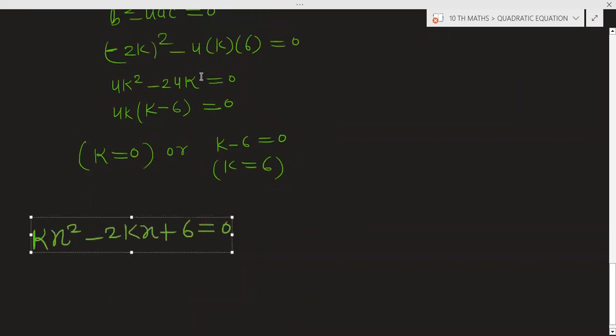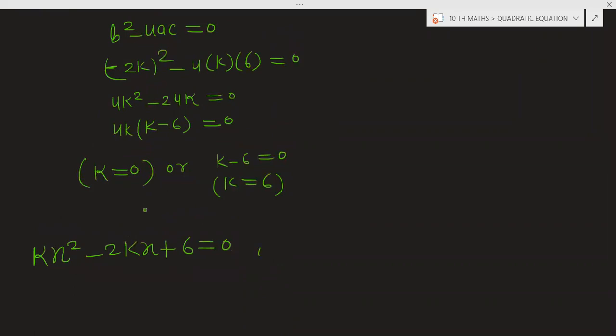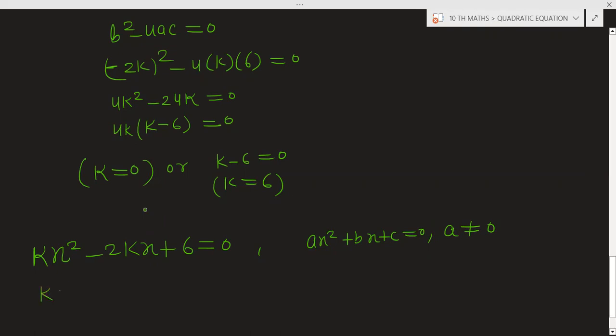From the above solution, we are getting two values of k. In the starting, when I was writing ax square plus bx plus c, I wrote a not equal to 0. In the same way, what is a here? A is k. So k cannot be equal to 0. So you will reject the k is equal to 0 value.